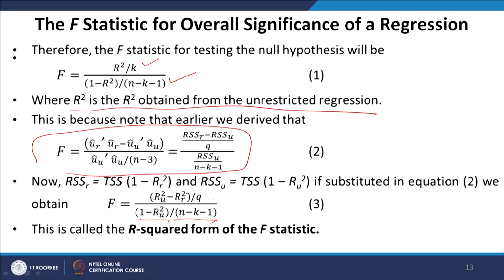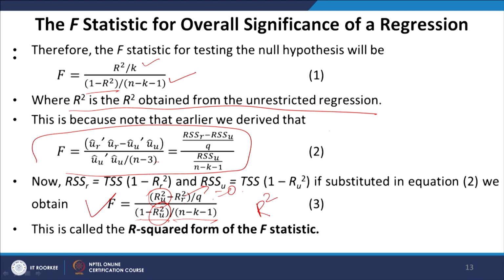Now, here RR square is actually equal to 0. So, we would be left with RU square in the numerator, which is basically denoted by R square, and 1 minus RU square, which is basically 1 minus R square, in the denominator. Now, this is called the R squared form of the F statistic.